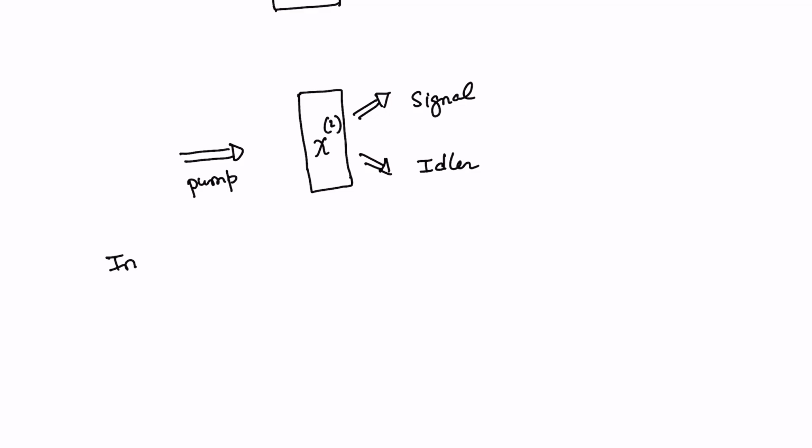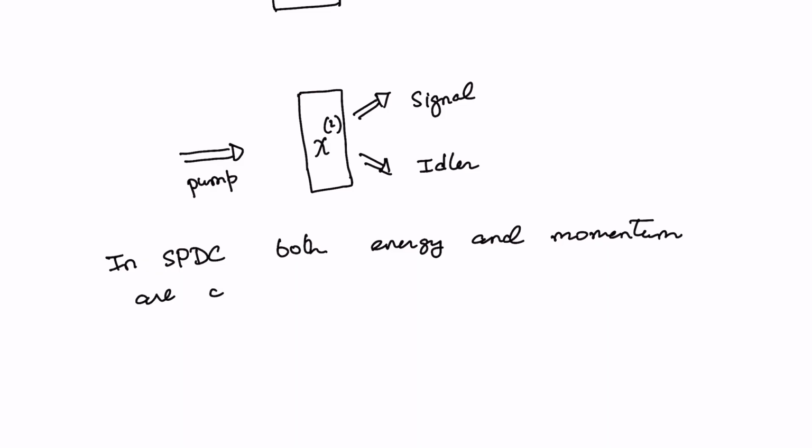So in SPDC, both energy and momentum are conserved. This is the reason why this process is called spontaneous parametric down conversion.